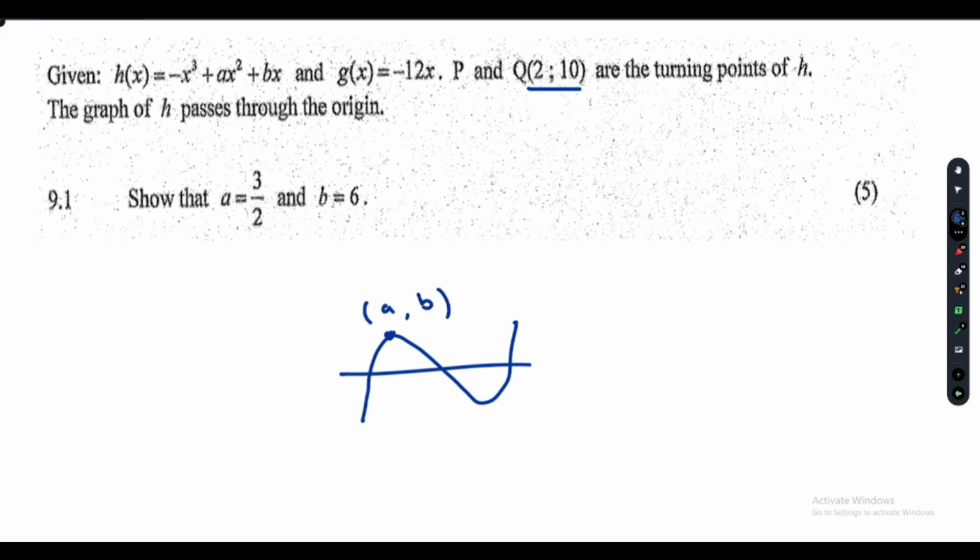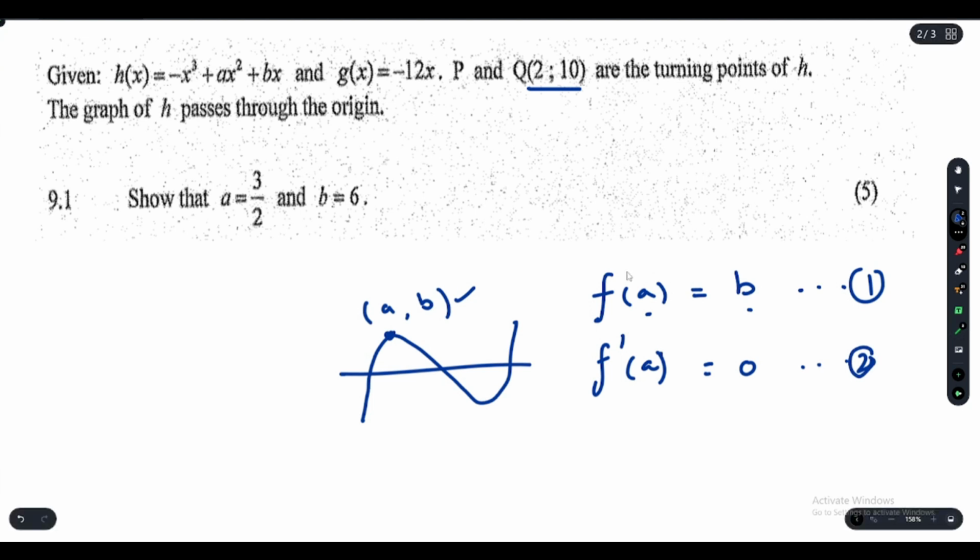Then what I must notice, in order to get equation 1, I'm going to the original equation, and if I substitute a for x, I can set it equal to b. x, y, taken from the coordinates. But if I go to the derivative, f prime of a, I would set this equal to 0. And that's how I would get my equation 2.